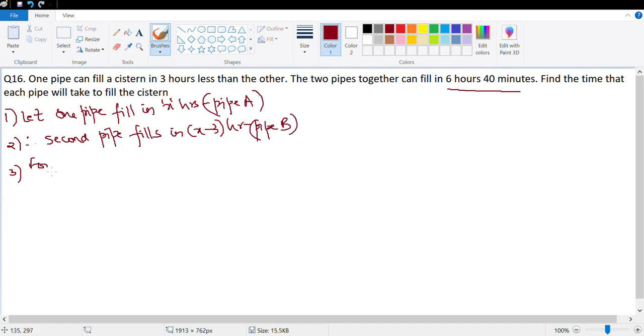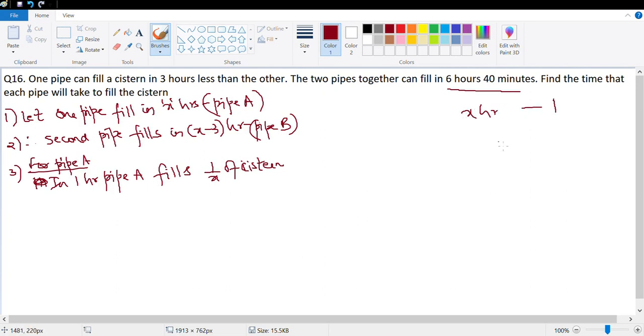So for pipe A, in 1 hour, pipe A fills 1 upon x of the cistern. Perfect. This is basically the unitary method. In x hours, it fills 1, which means in 1 hour, it fills 1 into 1 upon x, which is 1 upon x.